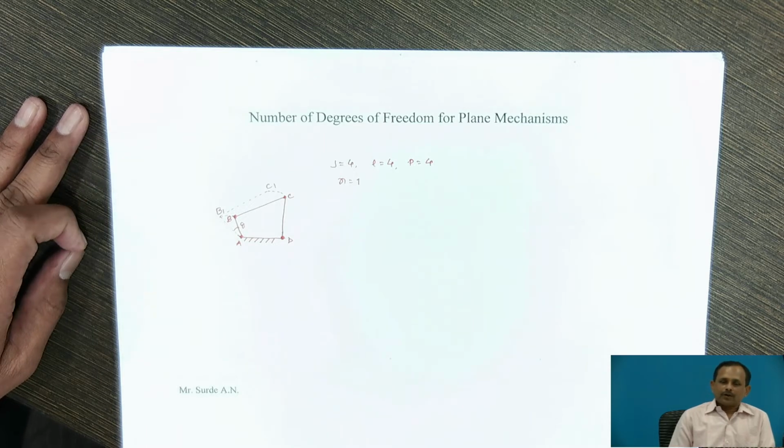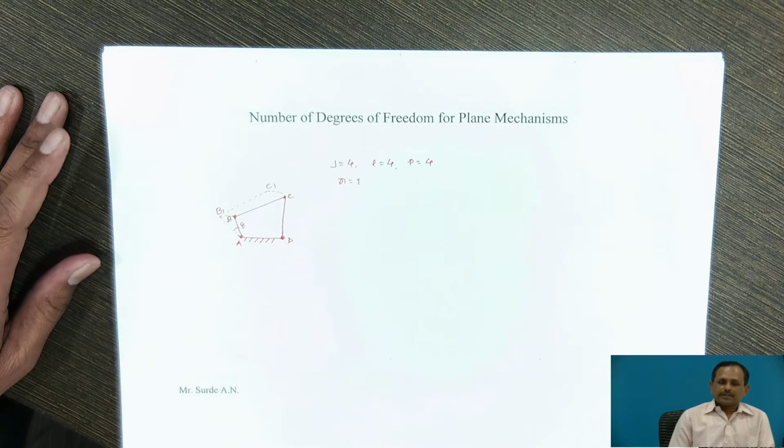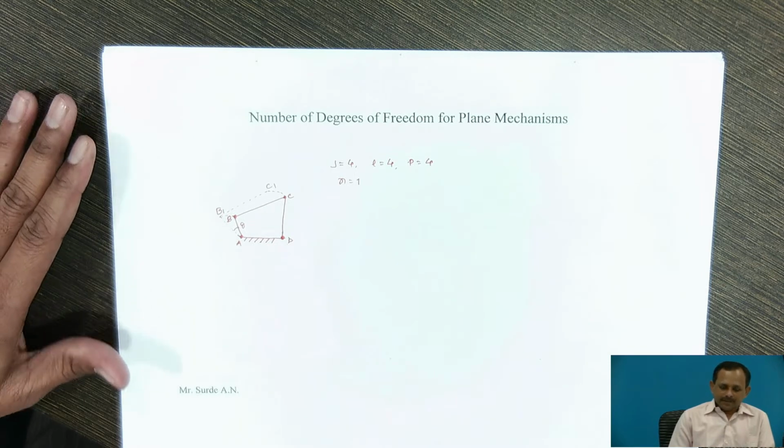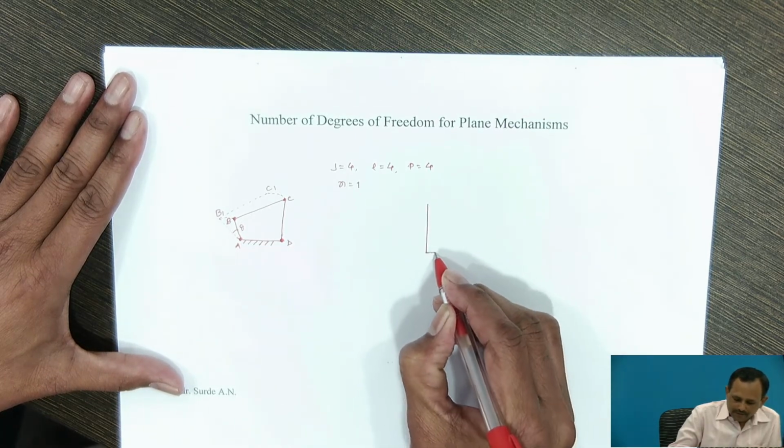In order to develop a general relationship to determine the degrees of freedom, consider a coordinate system OXY.